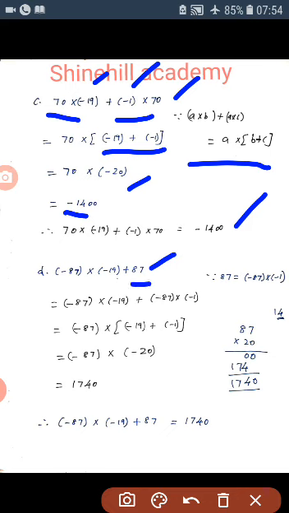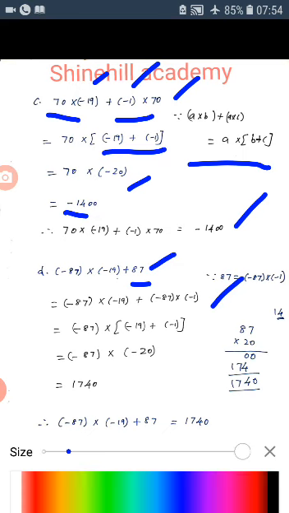So now write the equation, so minus 87 into minus 19. Then this one, 87 is equal to which one? You can see the formula: 87 is equal to minus 87 into minus 1, so minus minus plus, so 87 into 1 also 87.